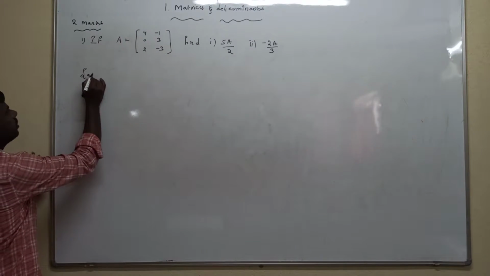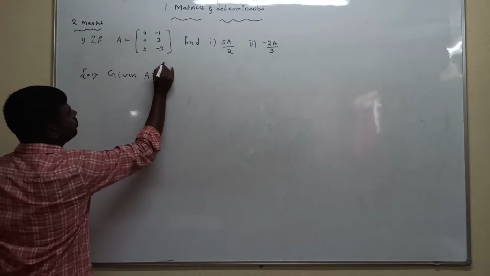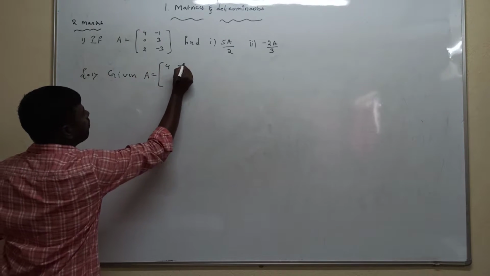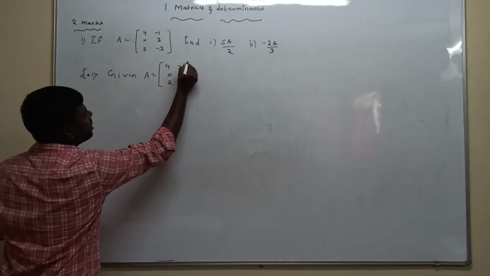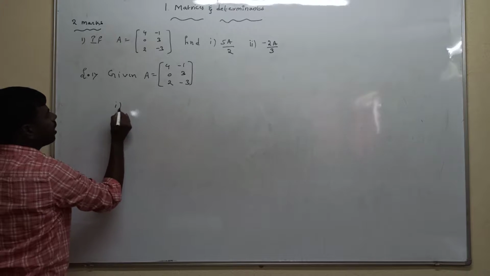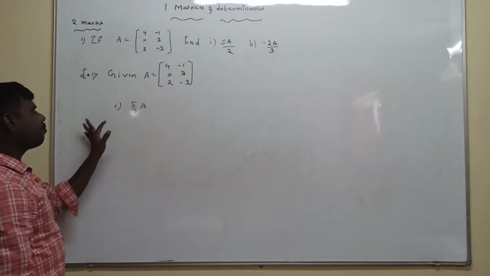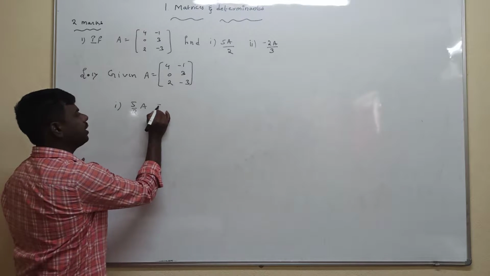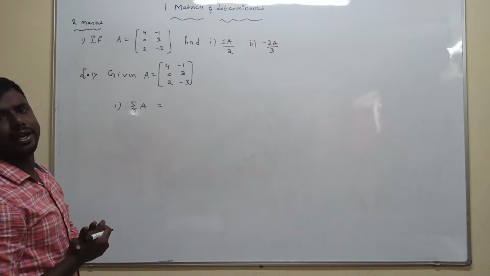Here, solution: given matrix A is 4 minus 1 0 3 2 minus 3. What is the first one they are asking? Find 5 by 2 into A. 5 by 2 is nothing but a scalar element.